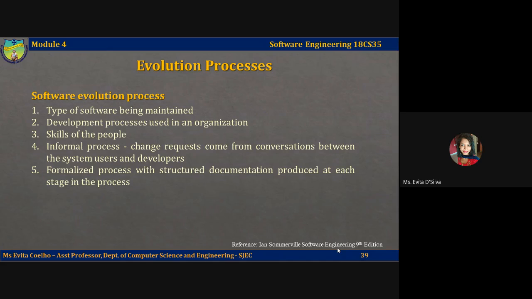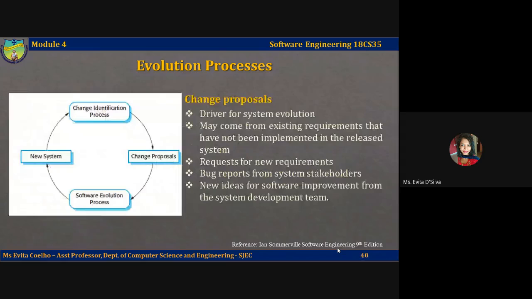In other companies, it might be a formalized process with structured documentation produced at each stage in the process. System change proposals are the driver for the system evolution in all organizations.